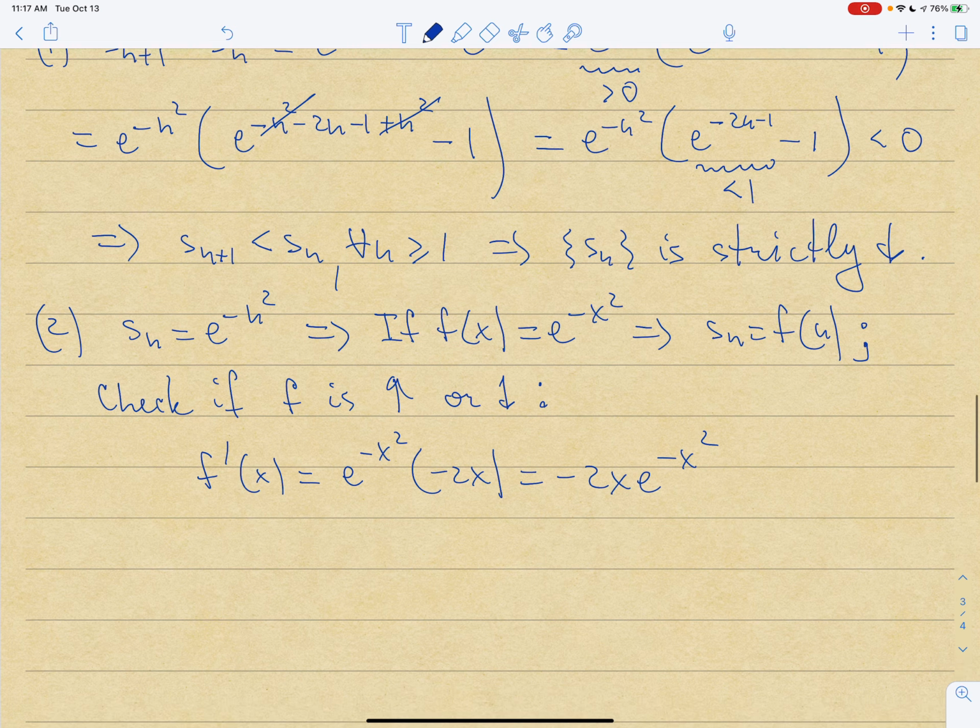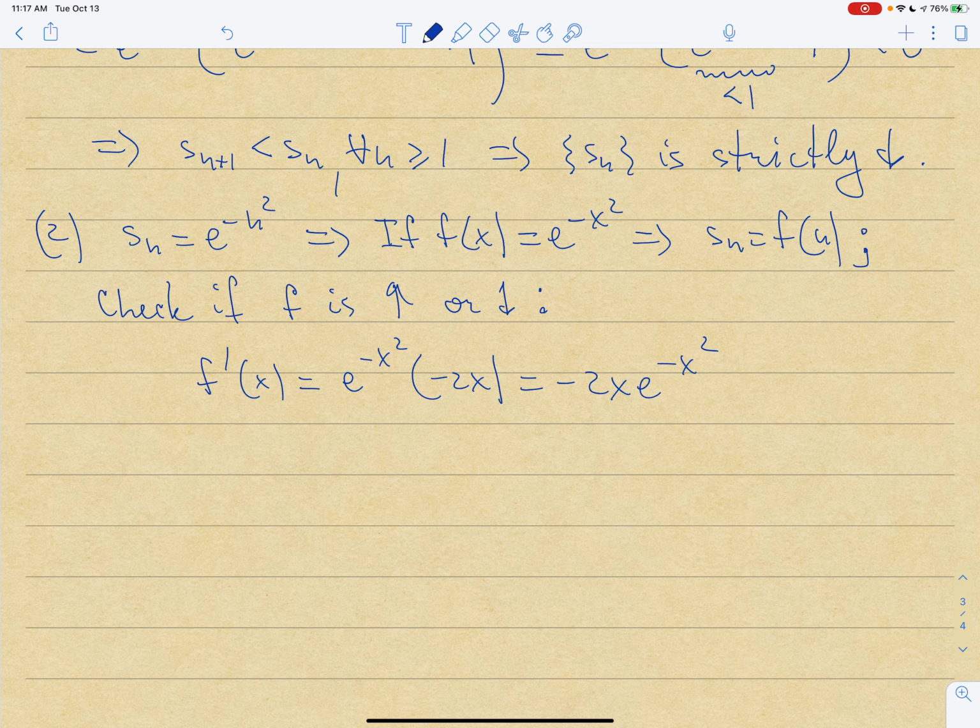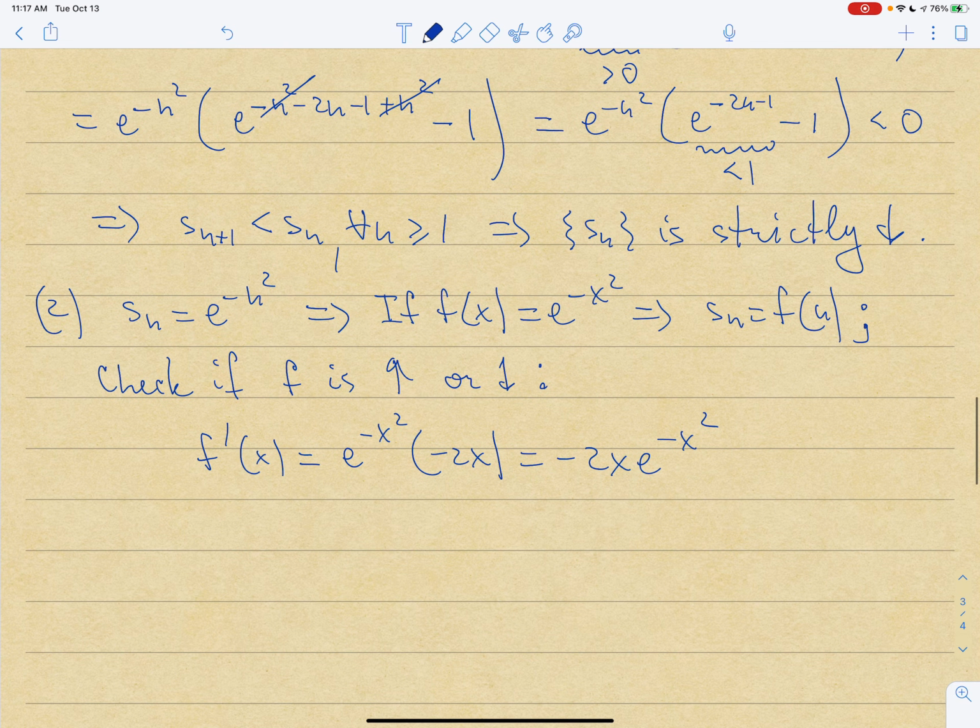And of course, the exponential is always positive. In this case, I'm looking at n that are positive, so I'm only interested in x that is positive. So positive, positive, positive, negative. So the entire expression must be negative as long as x is greater than 0.